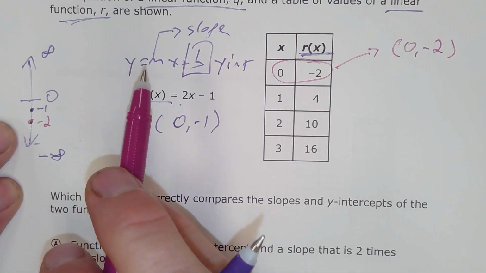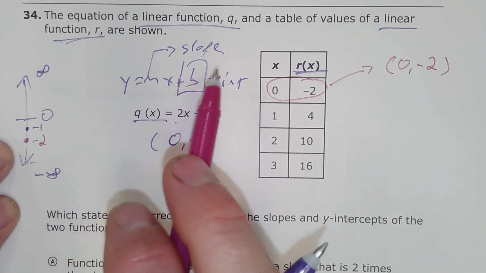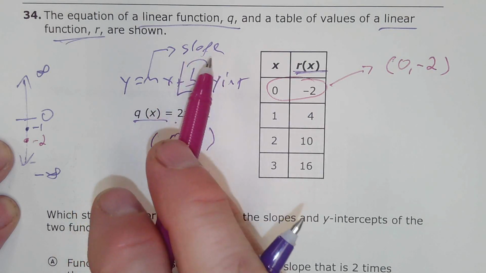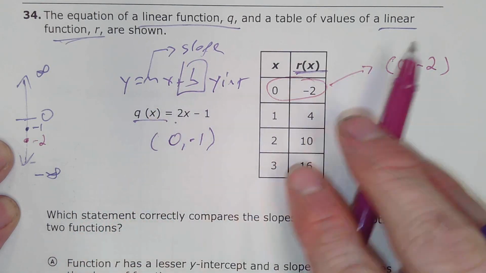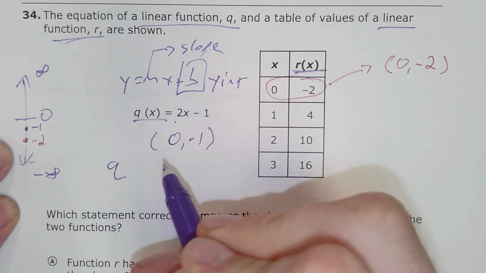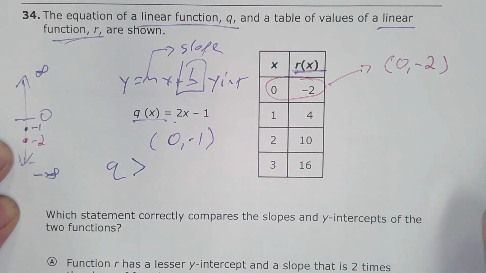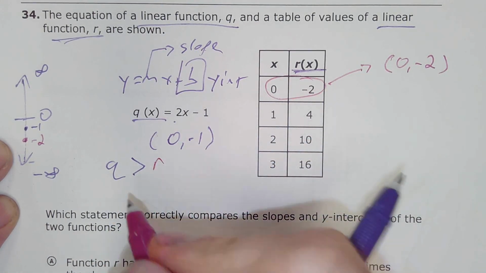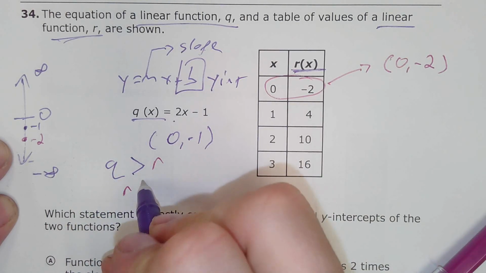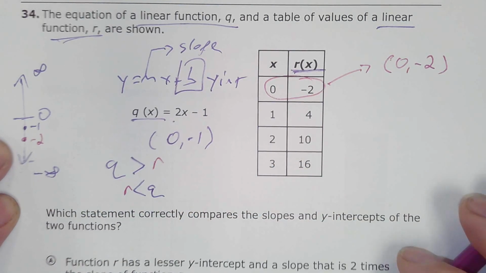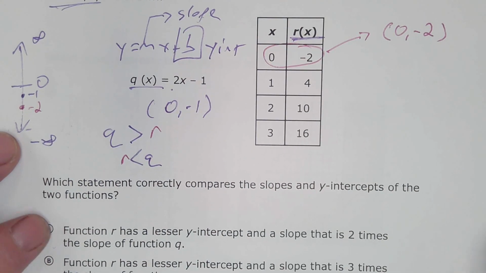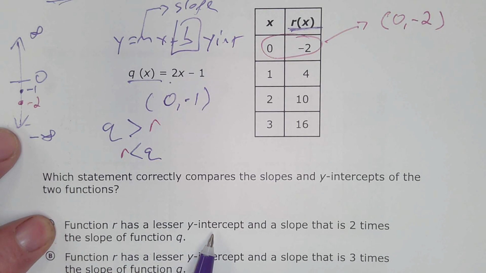All right, so the q function is greater, so q is greater than r. Also, r is less than q. That's 2 similar things, right? So function r has a lesser y-intercept.